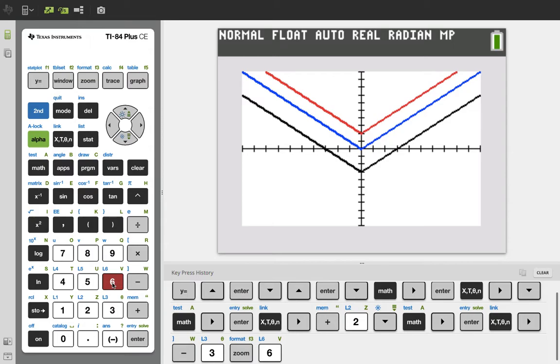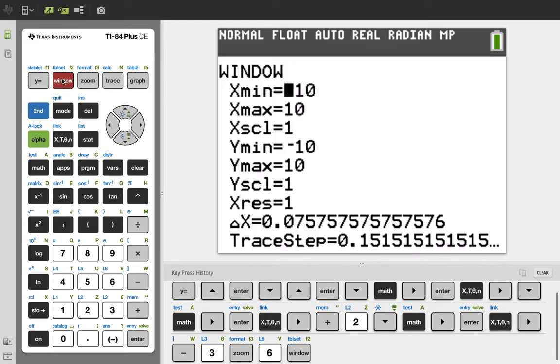That is our standard window. You can also look at the window settings in the window menu up here, and you can see I'm going from -10 to 10 in the x direction with a scale of 1. I'm going from -10 to 10 in the y direction with a scale of 1. And that's my standard graph.